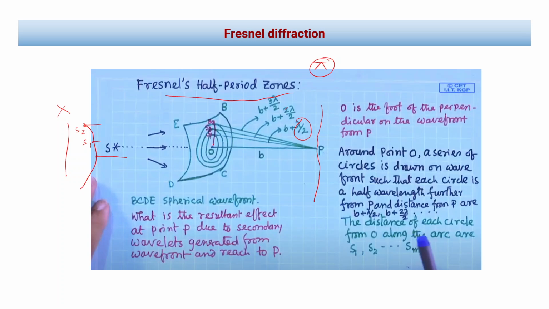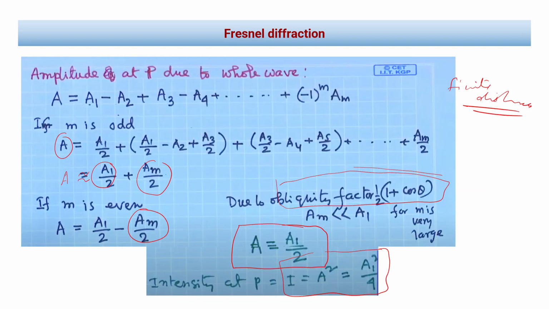So if I keep the center open, make the next one dark, and again open, and the next one dark, then this one's amplitude will come, this will not come because I am covering it.